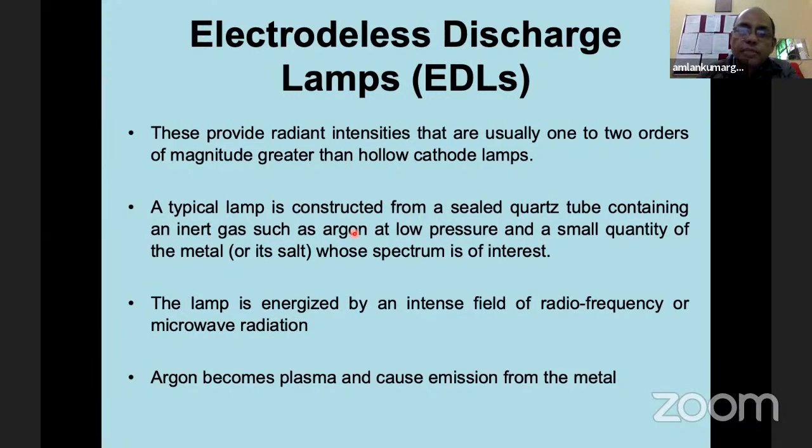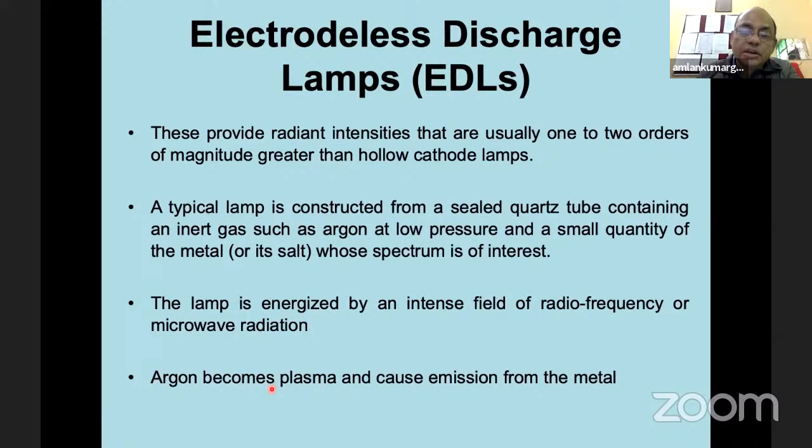at low pressure. Now, in the previous case, energy was provided by colliding ions of argon. Here, we use a radio frequency or a microwave radiation that is very intense, that energizes the argon, which goes and hits the iron, and then iron gets excited.